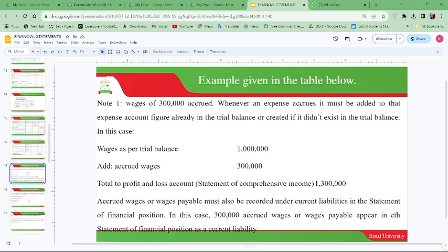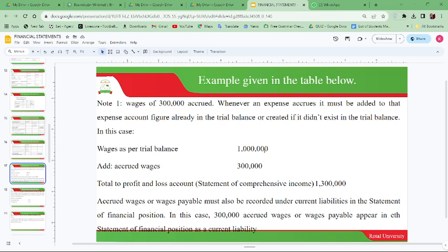Whenever an expense is accrued, it must be added to that expense account figure already in the trial balance, or created if it didn't exist in the trial balance. In this case, wages as per trial balance were given as 1 million, and we add the accrued wages, which is 300.